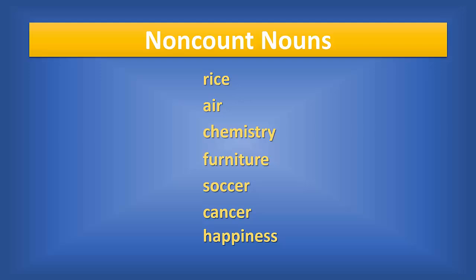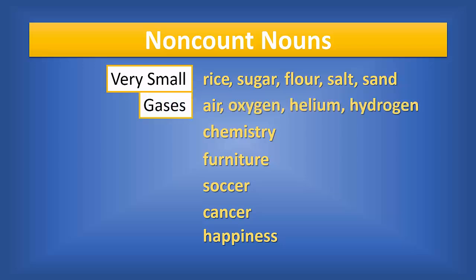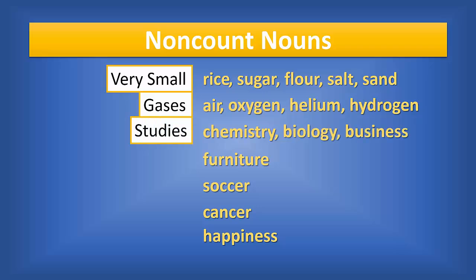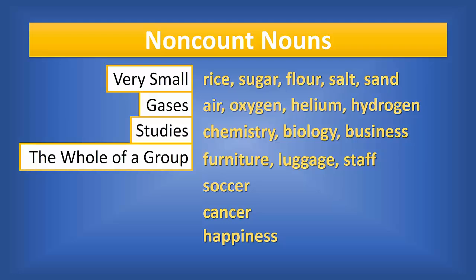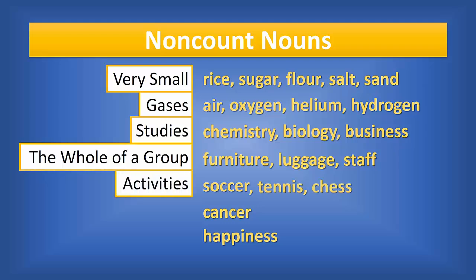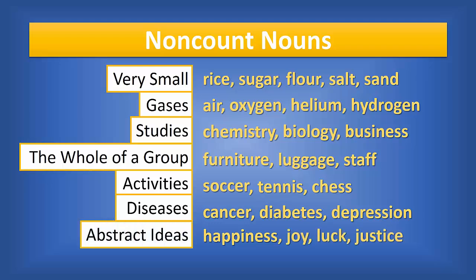Most non-count nouns fall into a few categories, like very small things that are too difficult to count alone, gases, things you study in school, things that make up the whole of a group of items. Other categories include activities, such as things you do for fun, as well as diseases and abstract ideas.